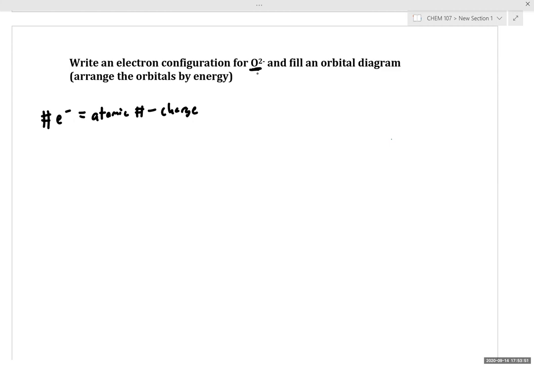And don't be shy to share your proposed electron configuration in the chat.